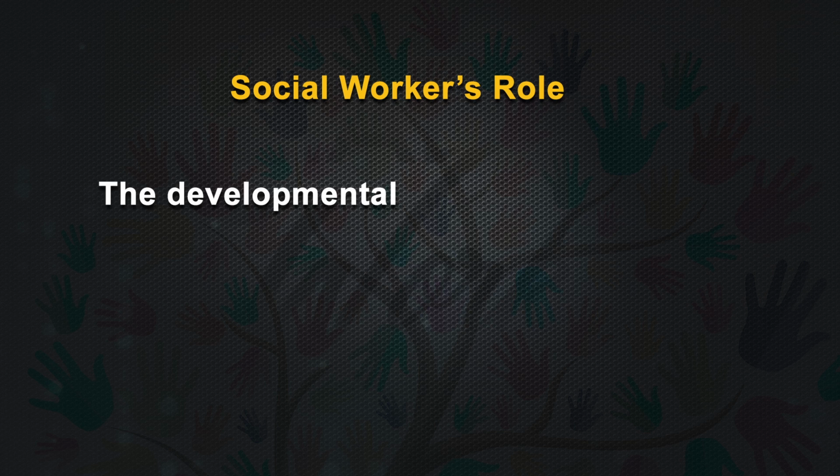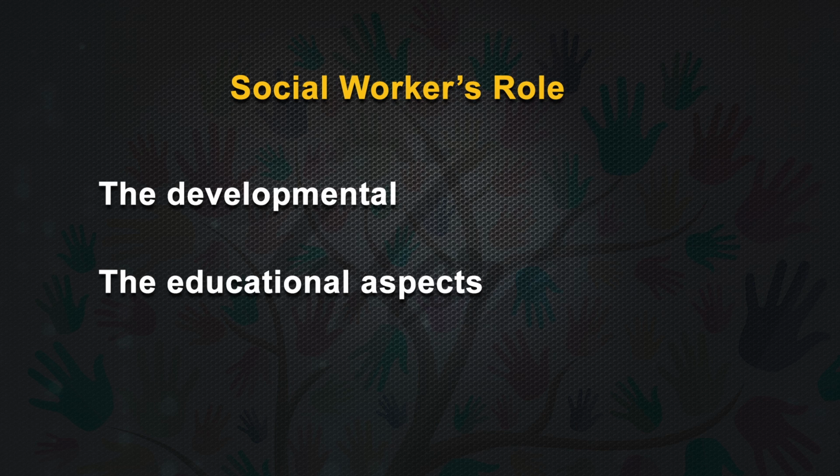There are two more aspects to understand the function of the social worker, the developmental and the educational aspects. Development is very essential in improving the life of persons. Individuals, groups and communities, though they are living well, social work helps improve still further.